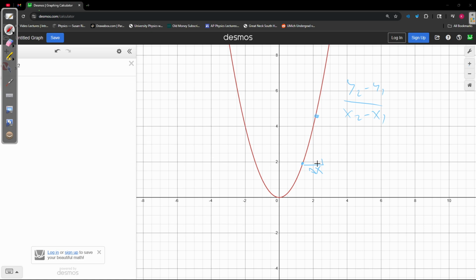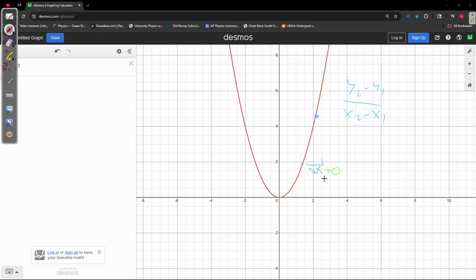So if you're trying to find the derivative at this point here, then how do you think you would do that given the delta x and what we just talked about? Well, what you would try to do is bring the delta x to 0.